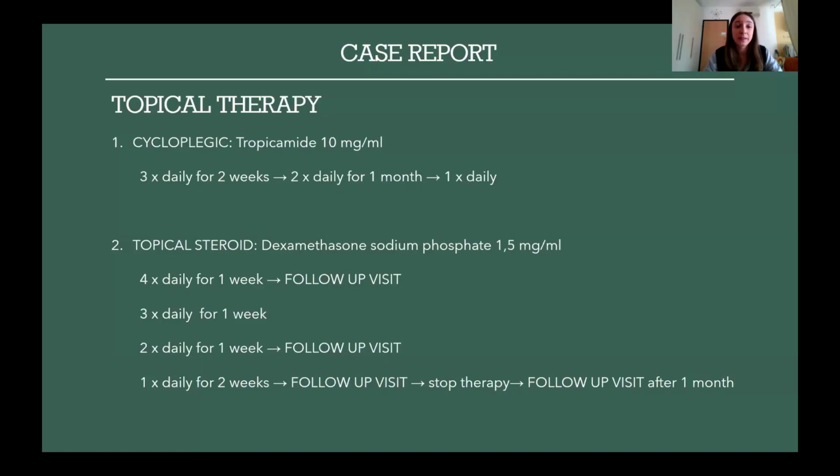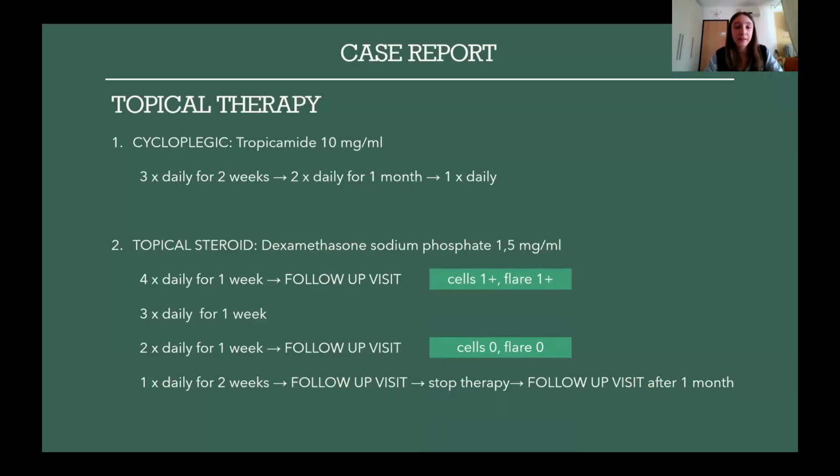For topical steroid, we introduced dexamethasone, 4 drops daily for 1 week, and at follow-up visit after 1 week, she had inflammation activity, but it was decreased. So we tapered to 3 drops daily for another week, 2 drops daily for 1 week, and at follow-up visit, she had no inflammatory activity.